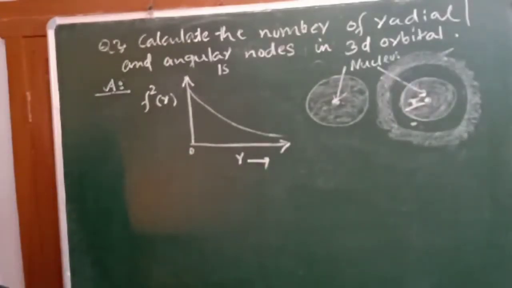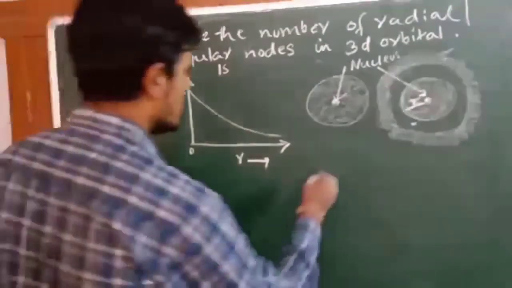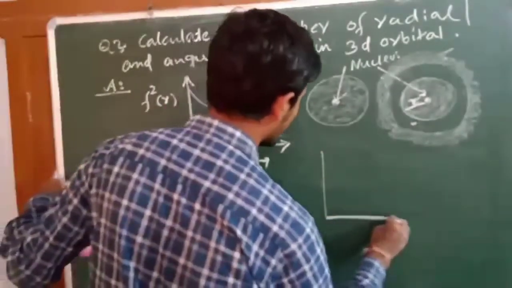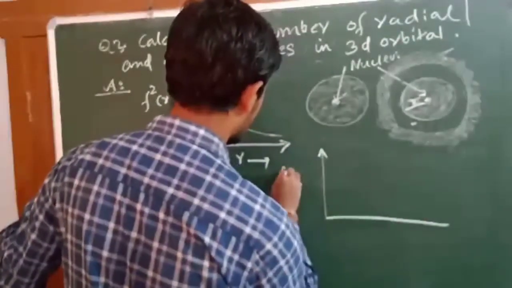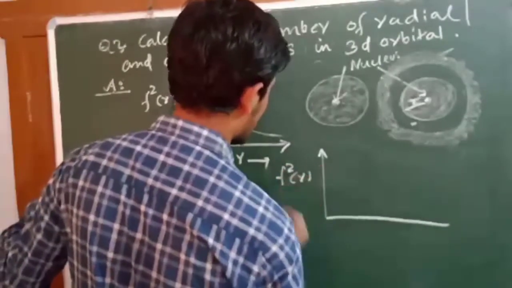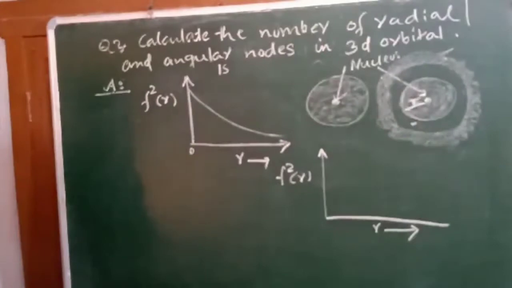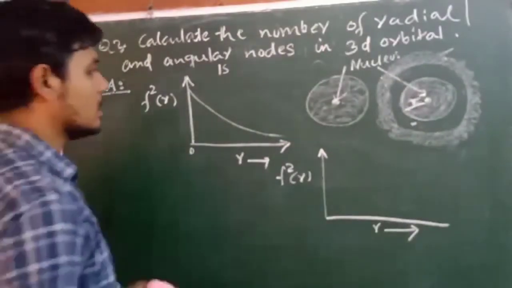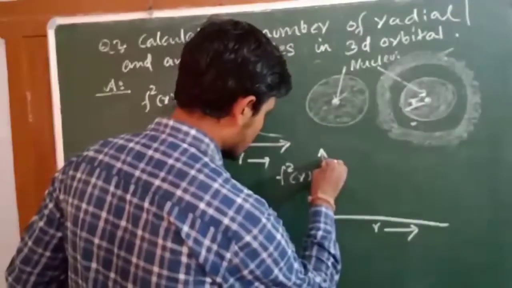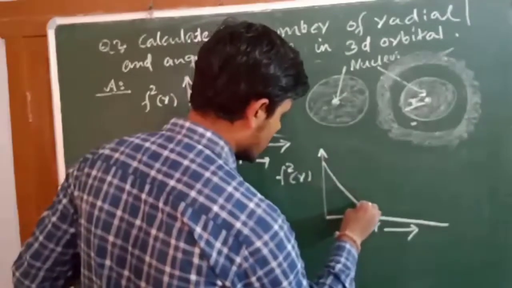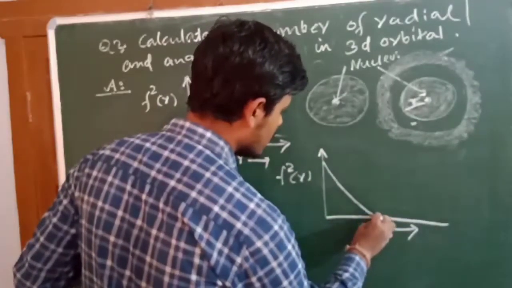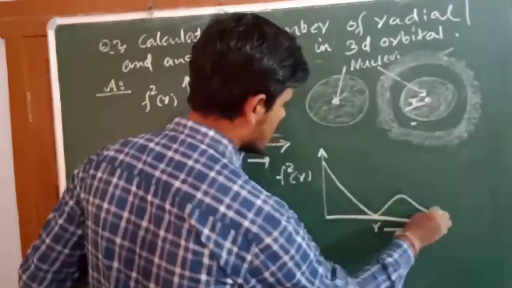But instead of the 1s orbital, if I plot f square r versus r for the 2s orbital, this will decrease and come to 0, and then it will increase.